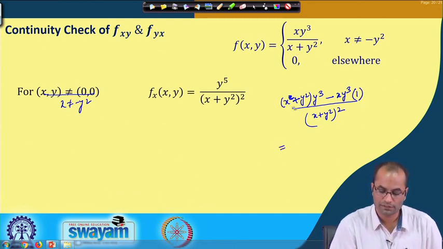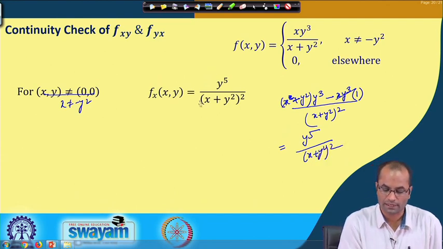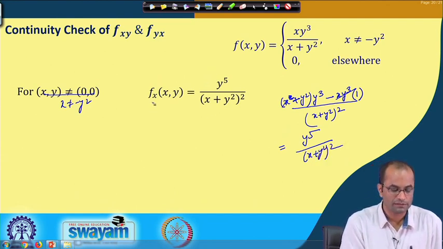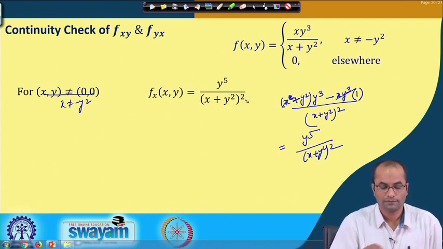So, x y cube and x y cube will be cancelled, and then we have y power 5 over (x plus y square) whole square. So, exactly this is the term here. So, the partial derivative of f with respect to x, we are getting y^5 over (x plus y square) whole square.